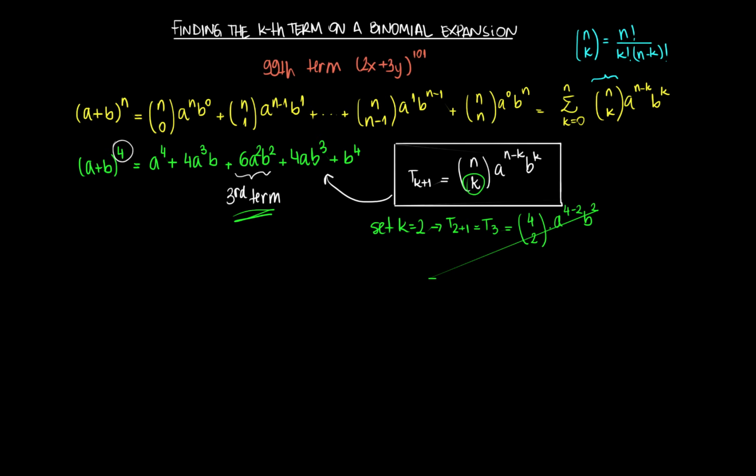So we're going to have something like this: 4 factorial over 2 factorial times (4 minus 2) factorial, to keep the structure of this term, times a to the power of 4 minus 2, which is just a squared, and b squared also.